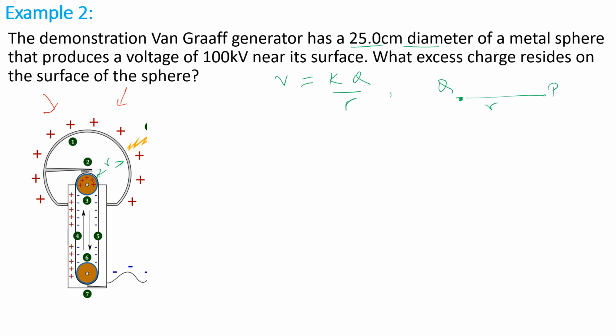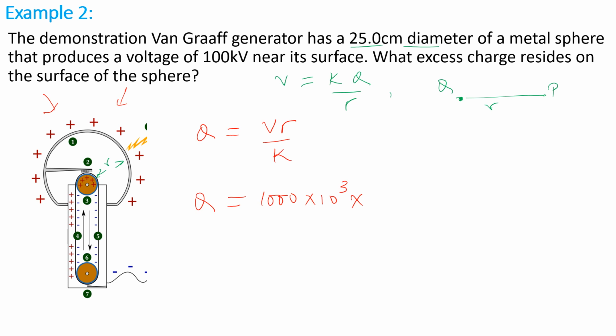Then here V is equal to KQ over R, we have the formula already. Now we are interested in the excess charge. Therefore, the charge is going to be equal to V times the radius of the sphere over K. V is given as 1000 kilovolts, so that's times 10 to the power 3, multiplied by the radius of the sphere.